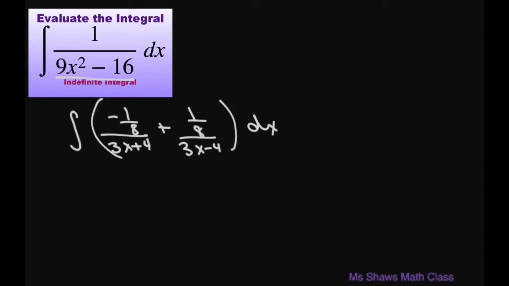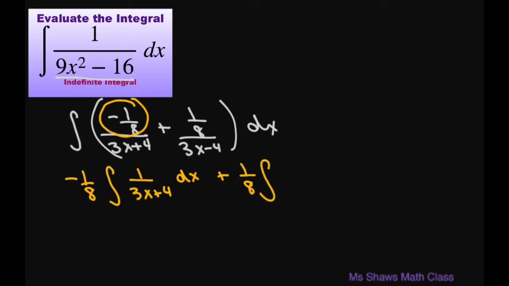Let's split this up and pull this negative 1/8 out. Negative 1/8 times the integral of 1 divided by 3x plus 4 dx plus 1/8 times the integral of 1 divided by 3x minus 4 dx.